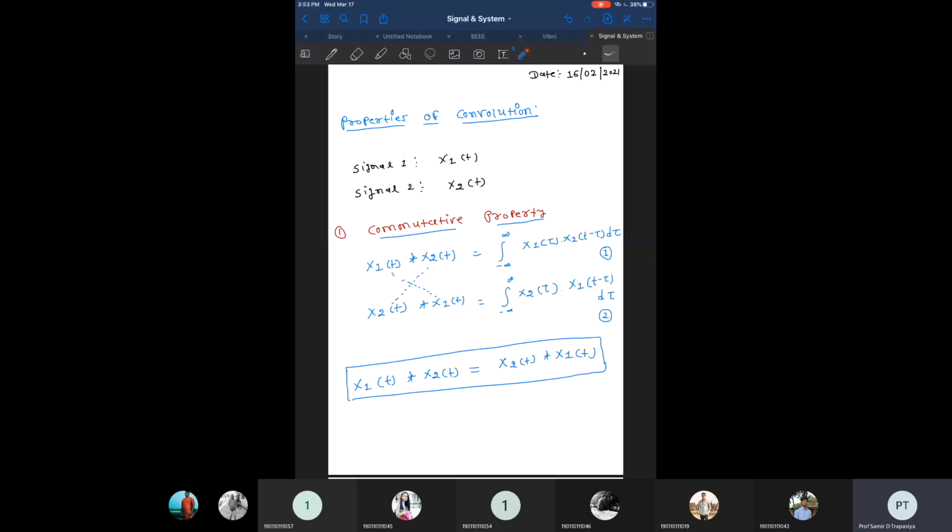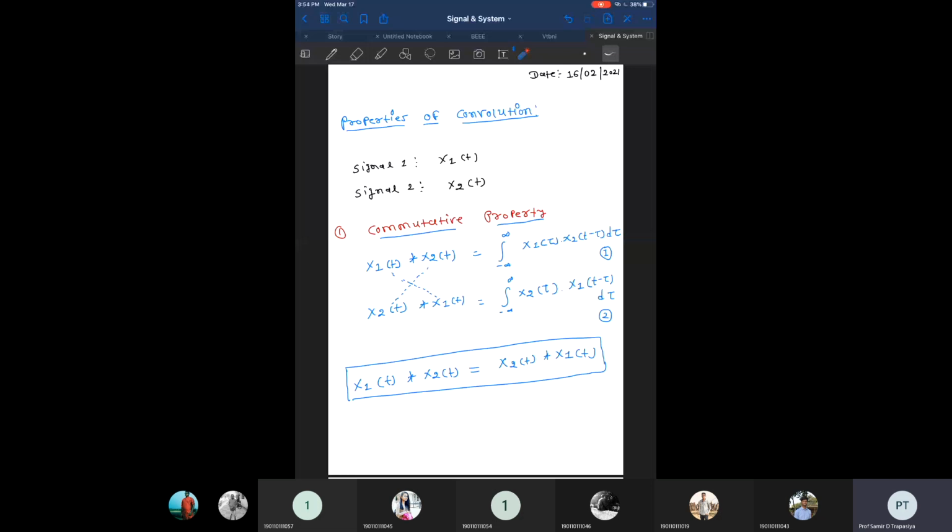For example, if we have two different signals x1 of t and x2 of t, and we apply the convolution operation, the convolution between these two signals x1 of t and x2 of t can be obtained as an integration. It is actually an addition, but for continuous time signals those additions are converted into an integration, because in discrete time we have a finite number of samples.